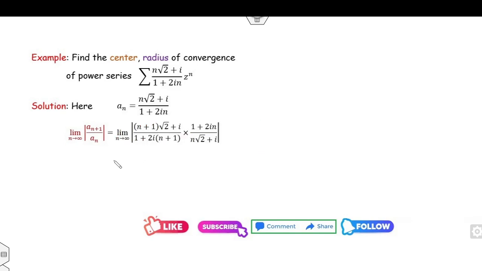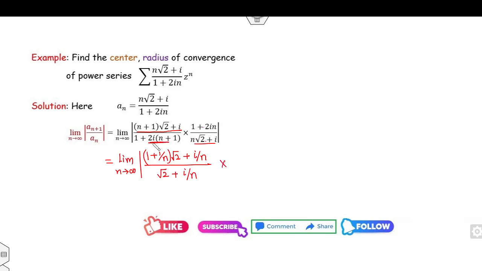Is it fine? Now, how can you find the limit? I can make the pair of this value with the help of here. I can divide it by n: 1 over n, root 2 plus i over n, divided by root 2 plus i over n.